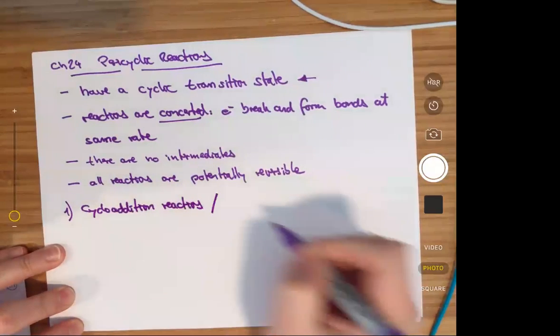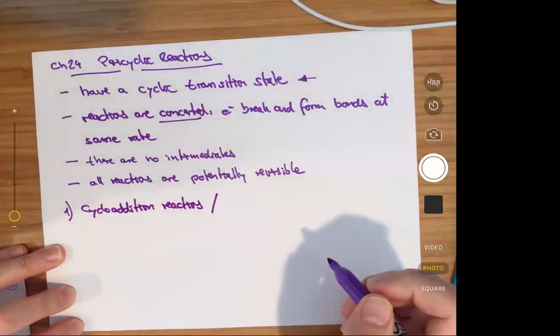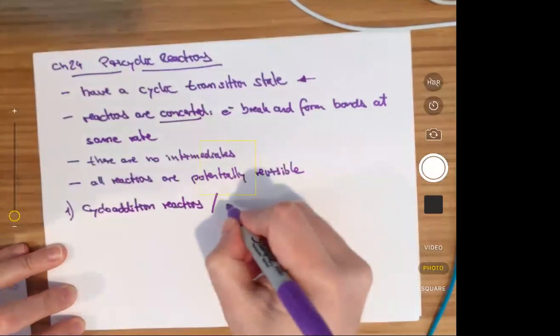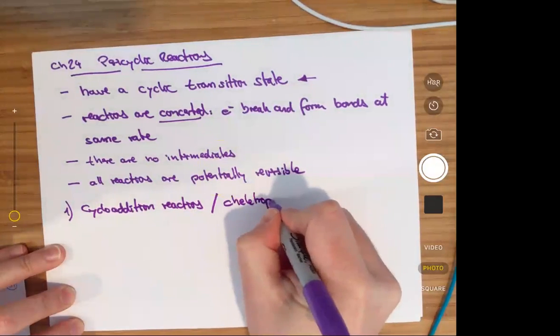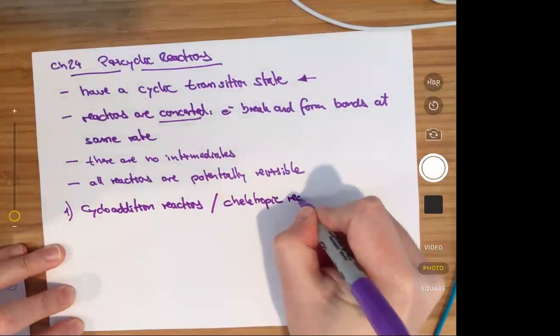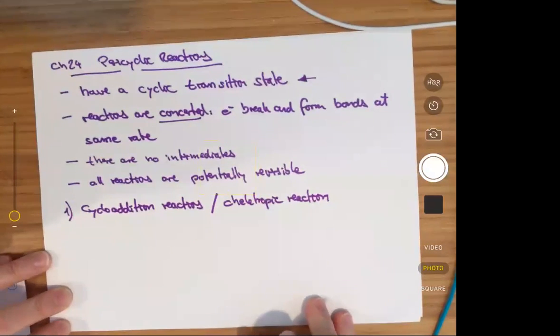And sometimes we group into this subcategory also a subclass, which is the cheletropic reaction. I will introduce all of these so that it makes sense in just a second.